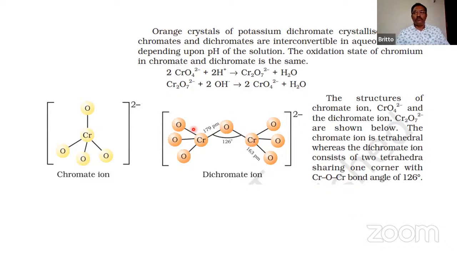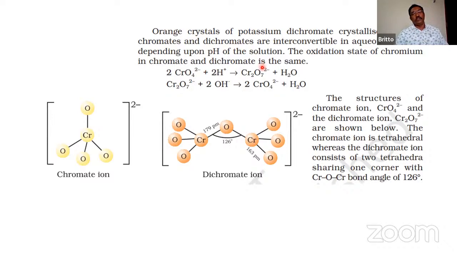And then both of them are interconvertible based on the pH of the medium, acidic or basic. Chromate ion CrO4 2-, in acid medium it is converted to dichromate Cr2O7 2- மாறிடுது.